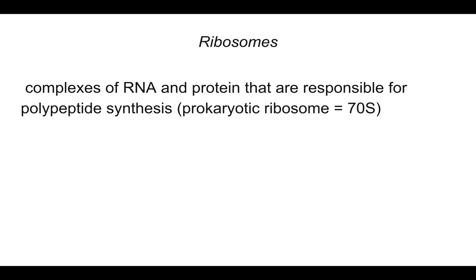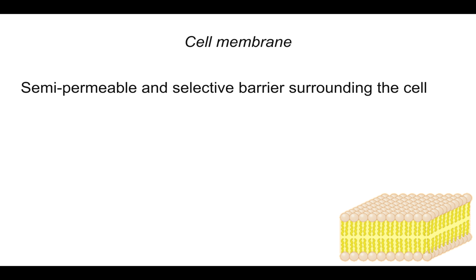In prokaryotic cells, ribosomes are 70S. This is the size of ribosomes. And you should remember that, because in eukaryotes there are also ribosomes, but they're different. Okay, so cell membrane. This is a semi-permeable and selective barrier surrounding the cell. Semi-permeable means that it only allows a few molecules to enter and leave, usually the smaller ones, such as water and other such substances.